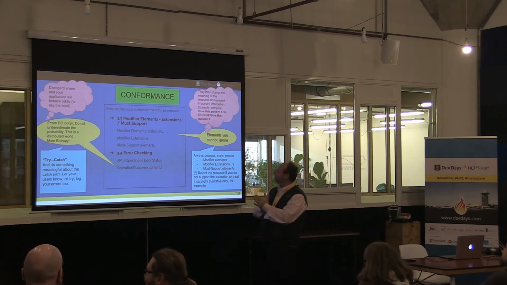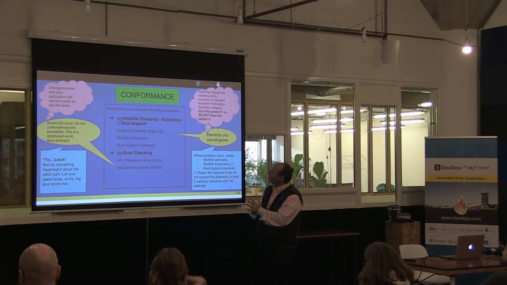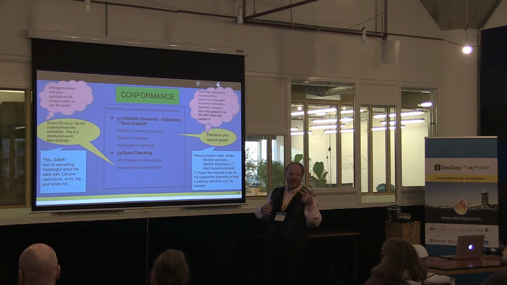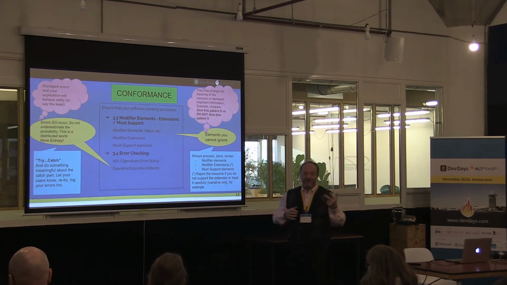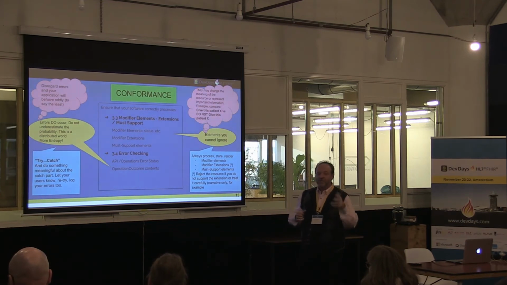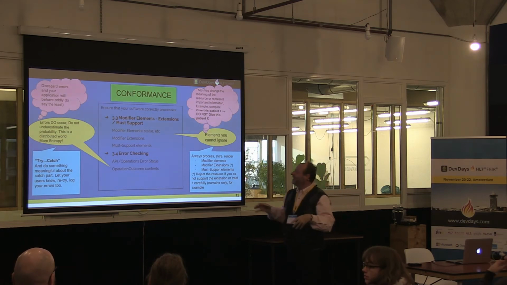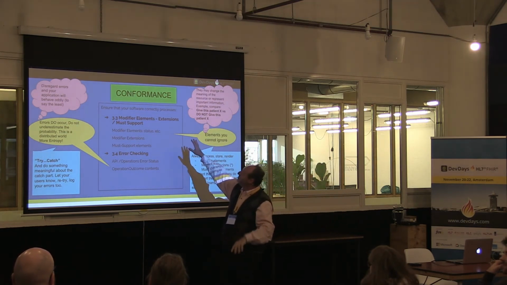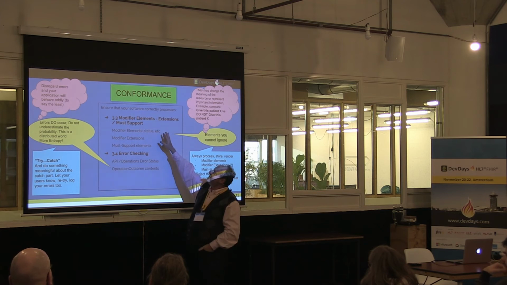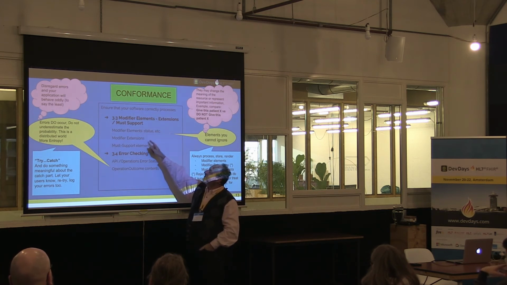About conformance. So there are 3 different types of elements in FHIR that are very important. You will have all the slides. Don't worry. You don't need to take pictures. 3 different types of elements: modifier elements, modifier extensions, and must support elements.